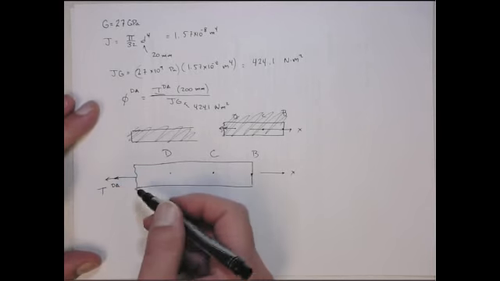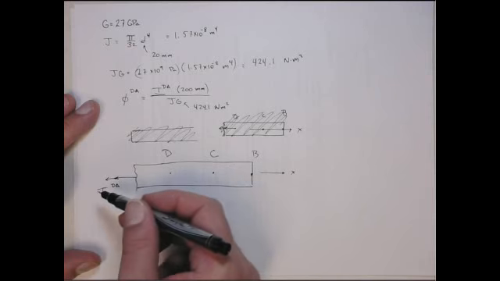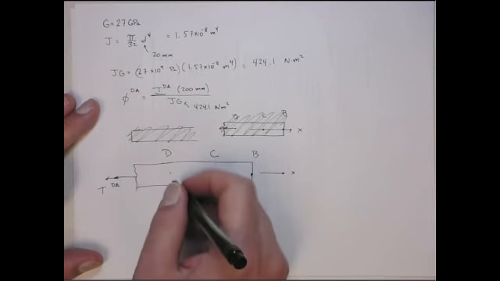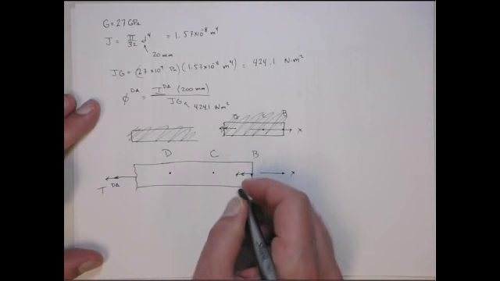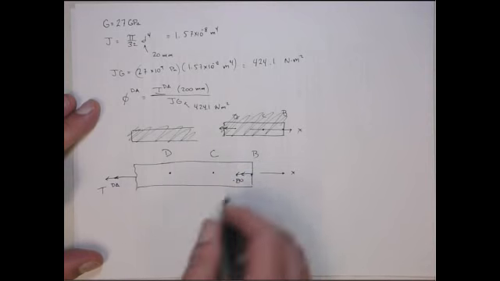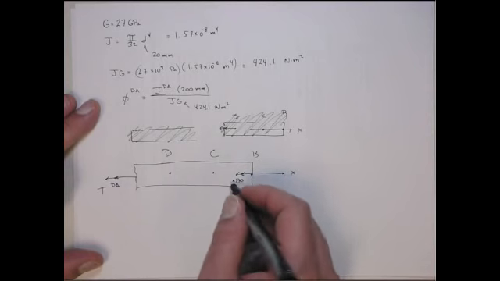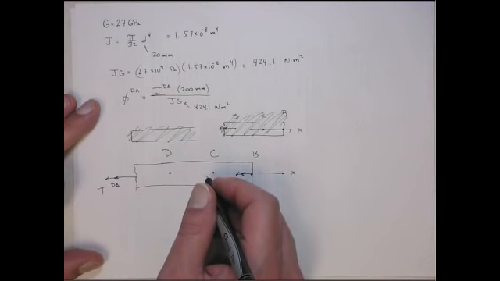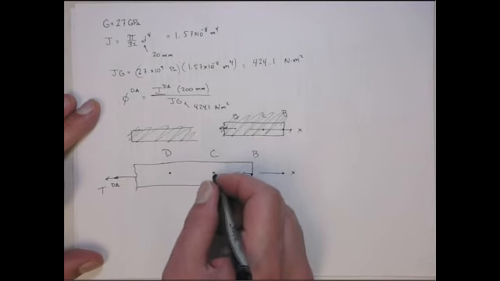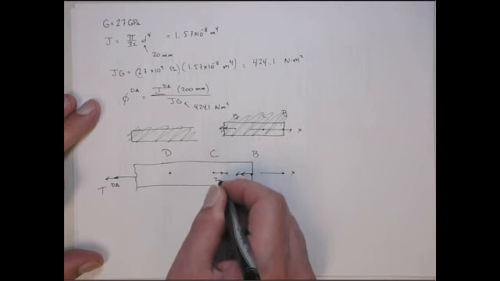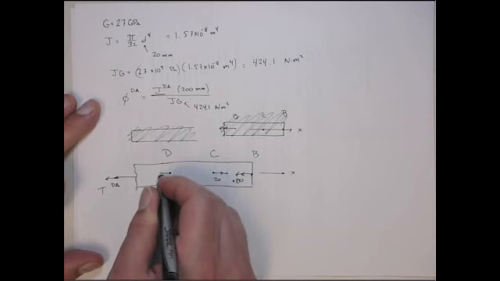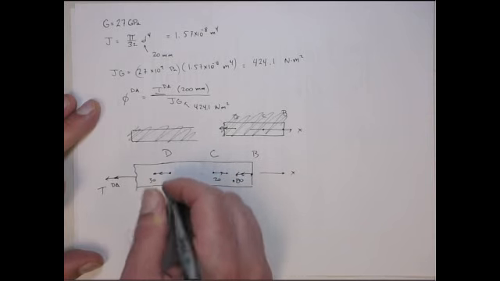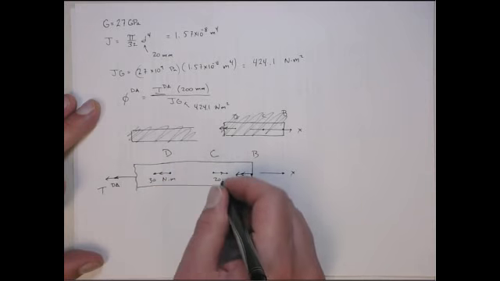This is on a negative face, so I drew it in the negative x direction. That's its positive sense on the negative face. At point B, we have a minus 80 torque, or 80 in that direction. At point C, it's a 20. And at point D, it's minus 30. Those are all newton meters.